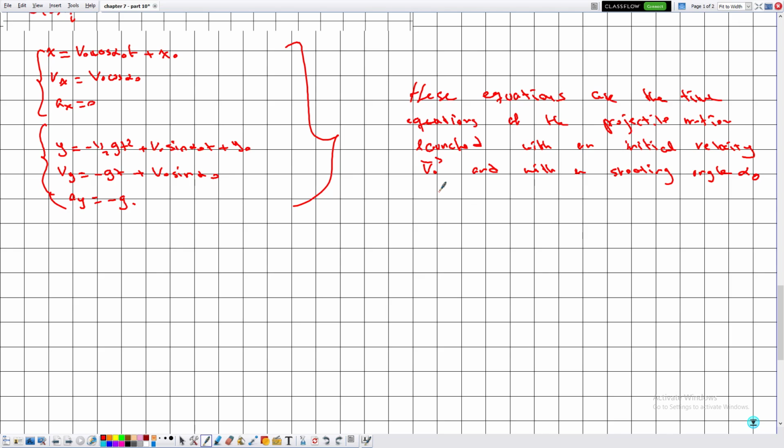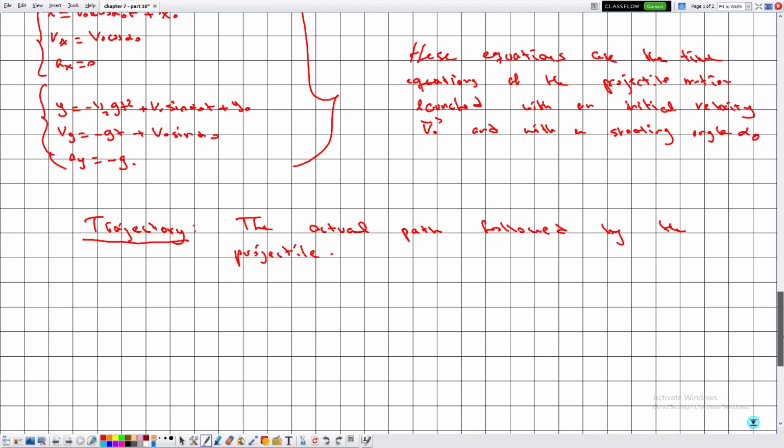So now, for example, what if you are interested in determining the trajectory, the actual path followed by the projectile? And recall that the trajectory is the relation between x and y.